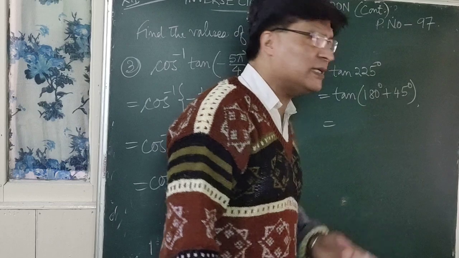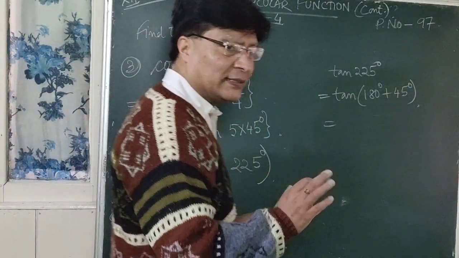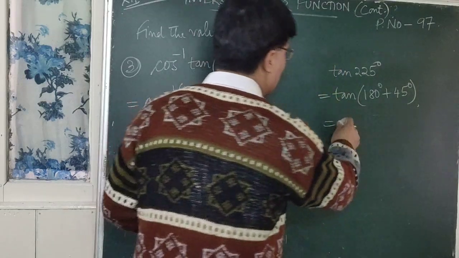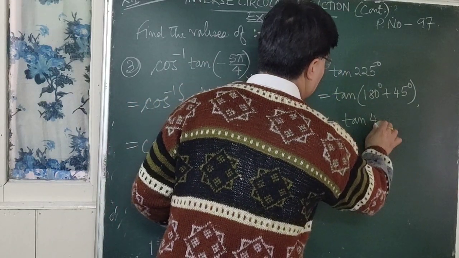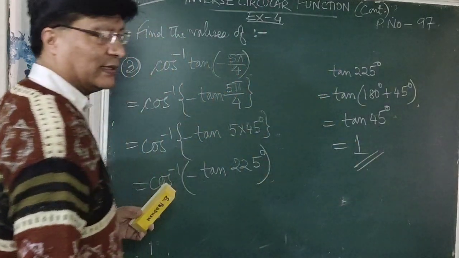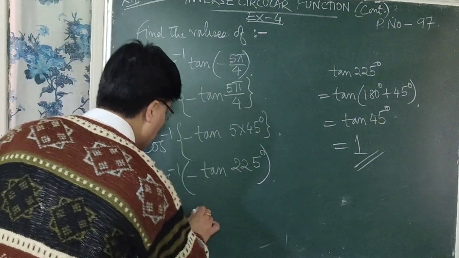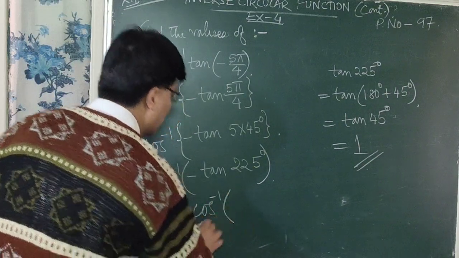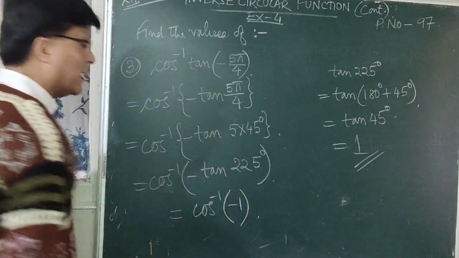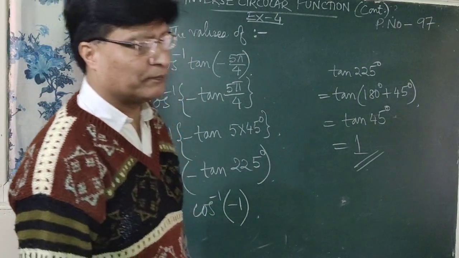And since 180 is an even multiple of 90, tan remains as it is. Tan does not change. That is tan 45 degree, which is equal to 1, right? So now cos inverse within bracket, what will you write? Minus 1. Okay, cos inverse minus 1.